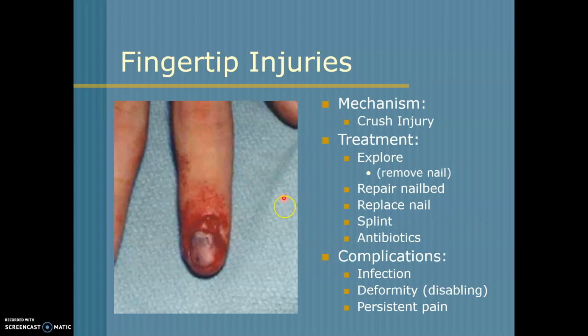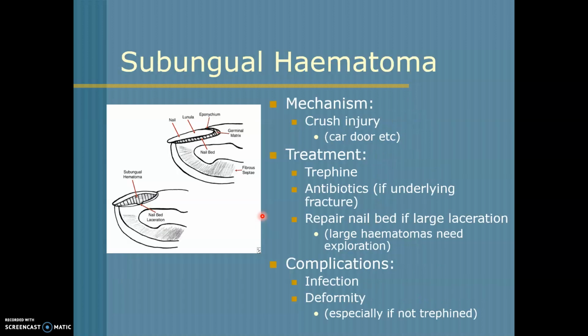Fingertip injuries may present like this, and it's really important to look to see if the base of the nail is avulsed, and if it is, it needs to be replaced, usually by removing the entire fingertip. If this doesn't happen, a new nail will start to grow back from the germinal matrix, and you get two nails trying to grow at the same time, and subsequent deformity. So this is a little bit about subungual hematomas.